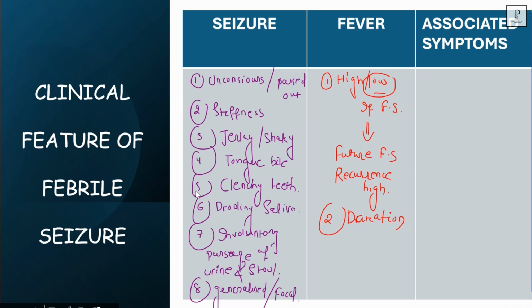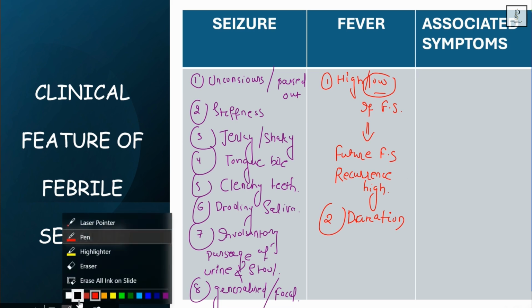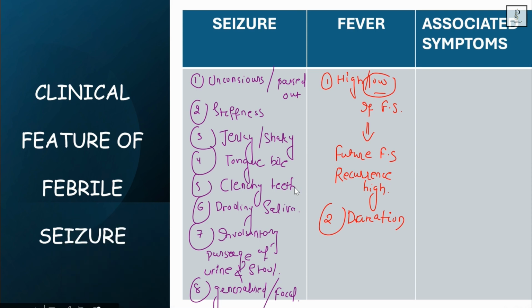Then what about associated symptoms? So in associated symptoms, the child may have an underlying infection. So the child may present with URTI or exanthematous fever.